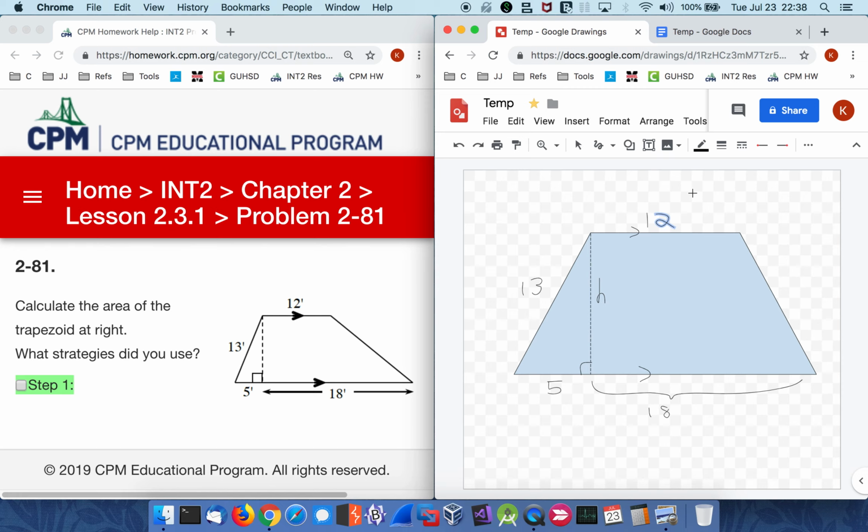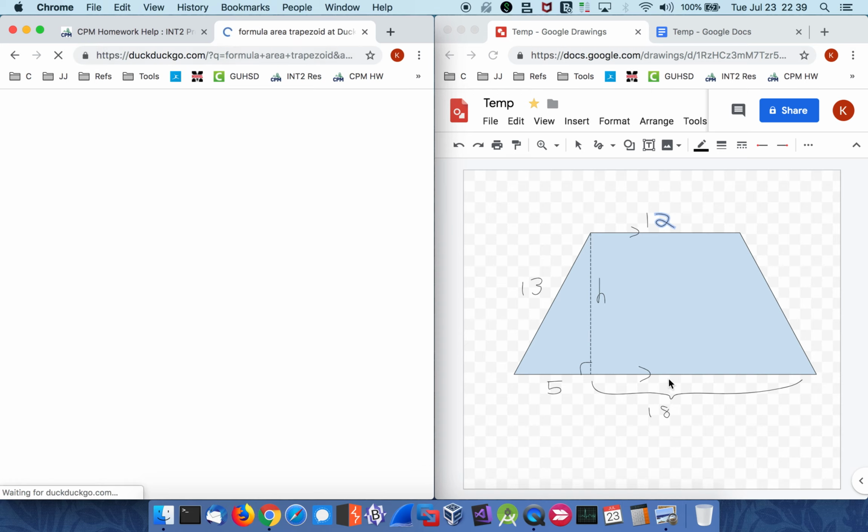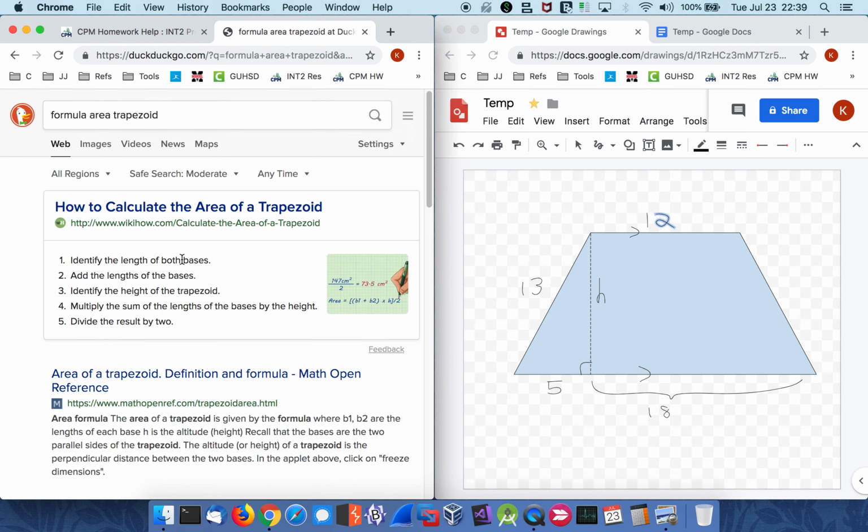All right. Okay. So, do we remember the formula for the area of a trapezoid? I guess that's the first question. Well, let's say we didn't. Where would we go look? Let's find out. Formula, area, trapezoid. I think it's 1/2 of the first base plus the second base. But let's see.